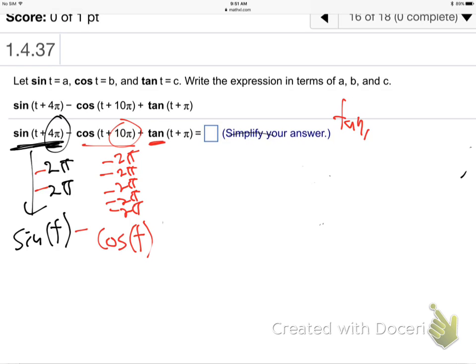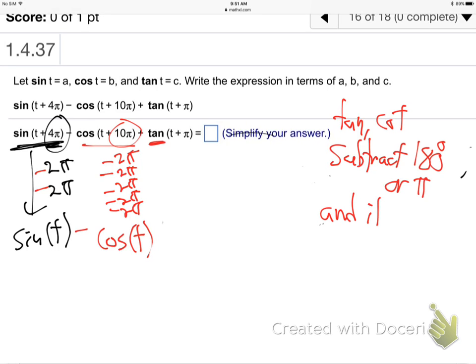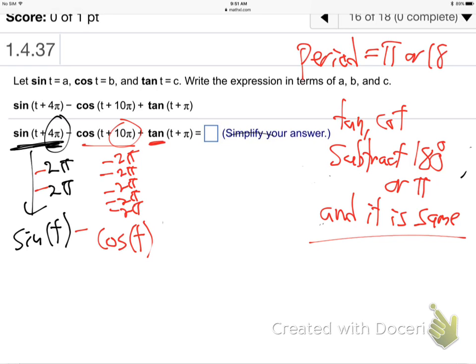So for tangent, and of course his reciprocal, they always go together, cotangent, you can subtract 180 or pi, and it is the same. If I use the official math lingo, his period is pi radians, or 180 degrees.